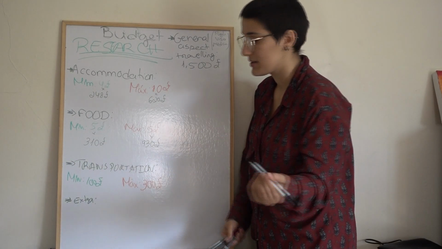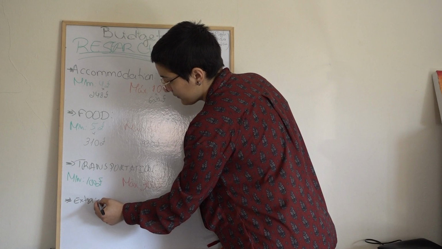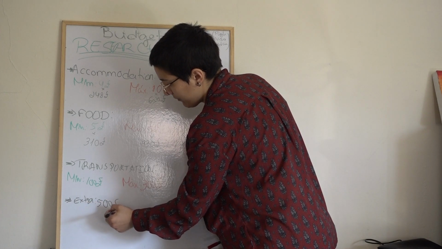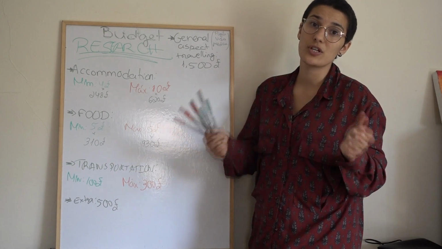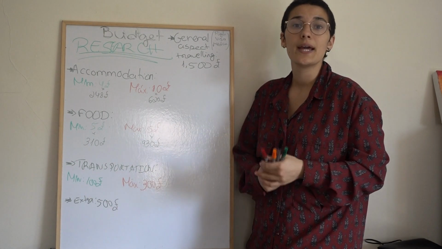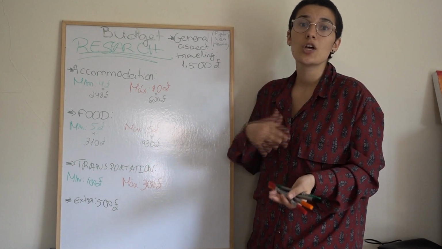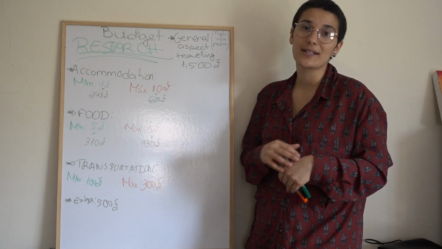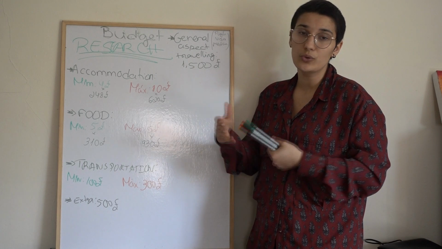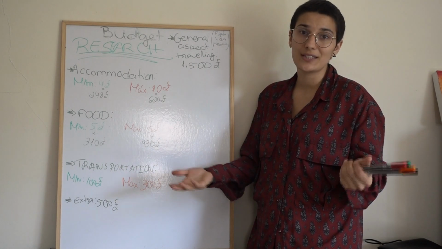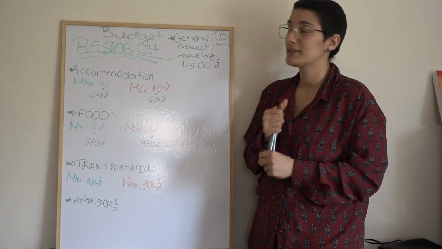I did a fixed price, it was around 500 pounds. And why is that? Just the diving course, it's around 300, so I gave myself an extra 200 pounds if I want to do any other activities in Thailand.